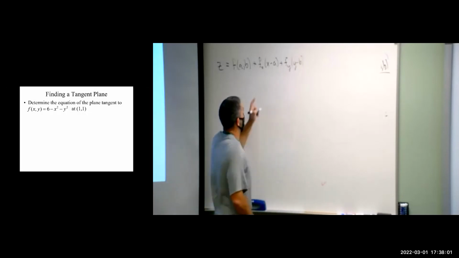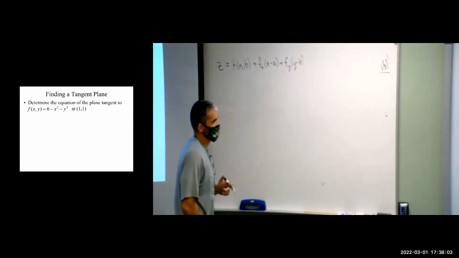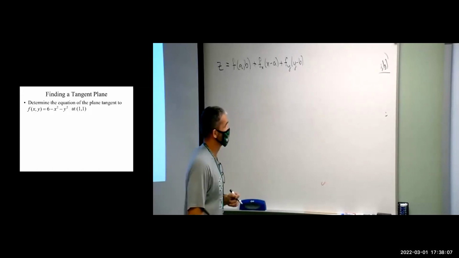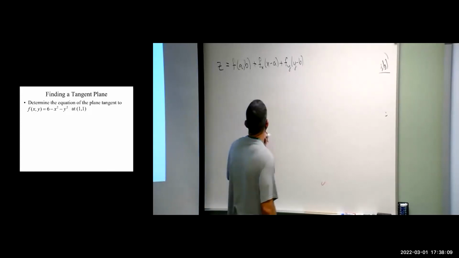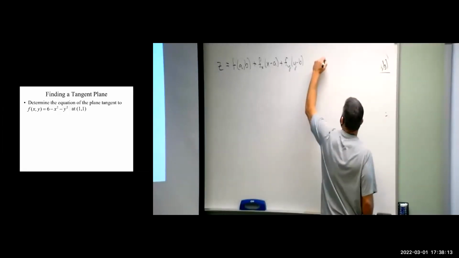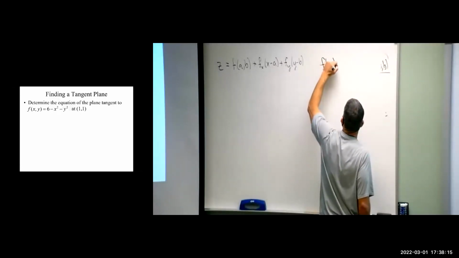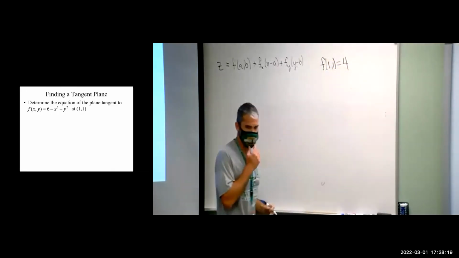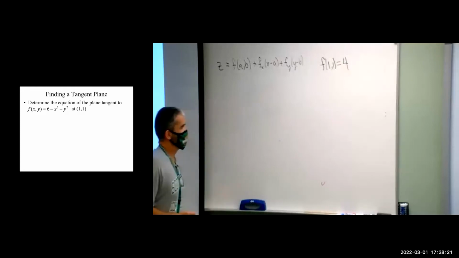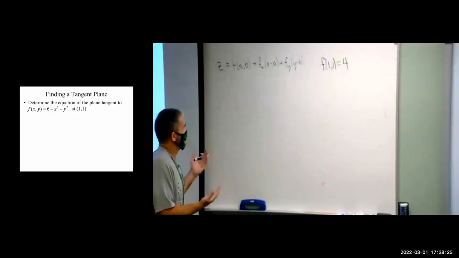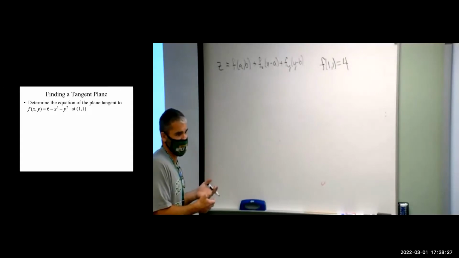So, if you didn't hear John Paul, he said f of 1 comma 1 is 4. Everybody okay with that? Does that seem reasonable? Okay, so we're already one piece there. We only need 2 more pieces, really. We need f sub x at a, b and f sub y at a, b.